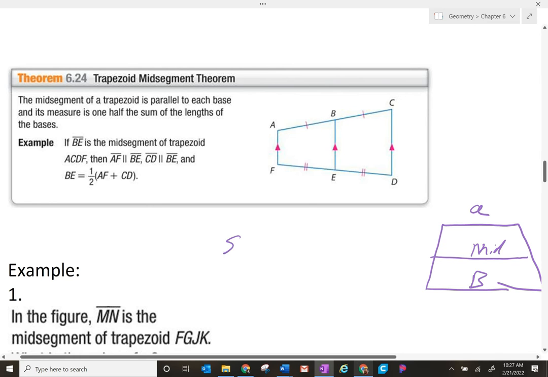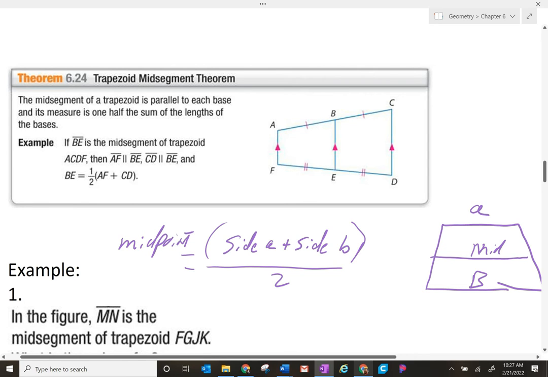So it'd be side A plus side B, all of that divided by 2, and that's going to equal the midpoint. Or the middle line segment. Okay, and that's saying that it's perfectly in the middle. That's what these little lines are saying. It's exactly in the middle based on those side segments.